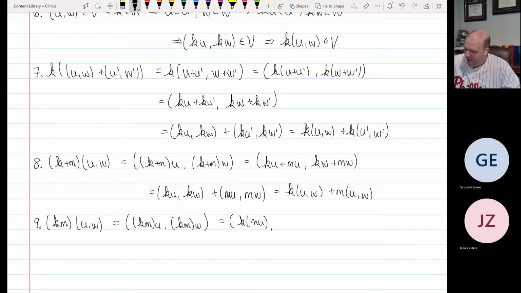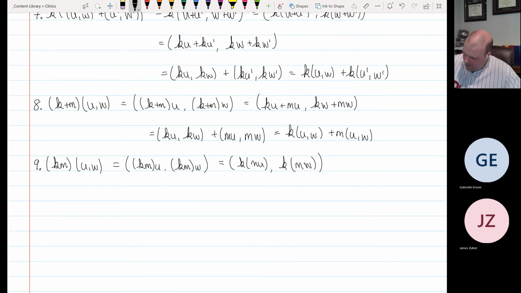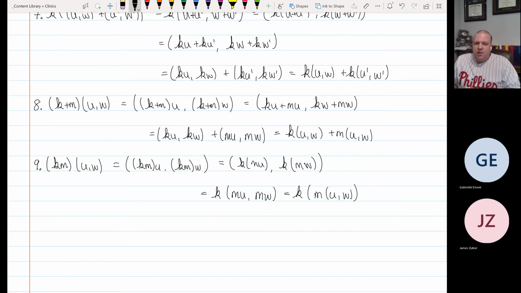But W is a vector space, so we know that associativity holds in W. So we can write that as K times MW. By definition, that is K times MU, MW, which by definition is K times M times U, W, which is what we wanted.